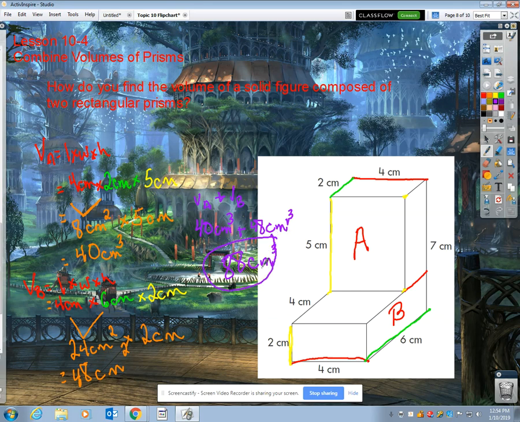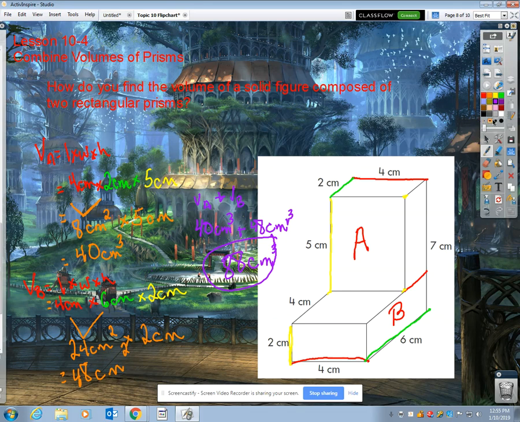That is the volume of this entire shape. So what we did is we found the volume of A, and then we found the volume of B. We wrote down our equations, and then we added those two volumes together.